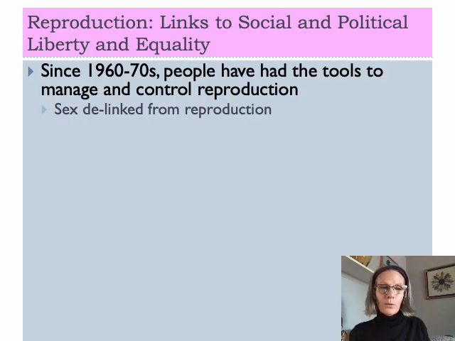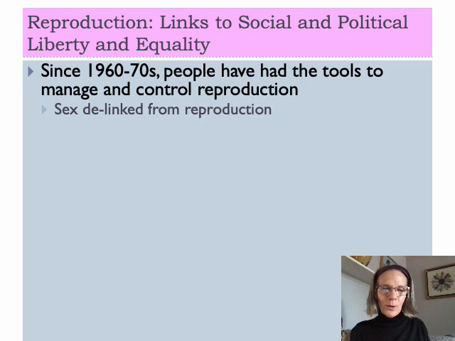As you're going to learn this week, since the 1960s and 70s until just recently with the overturning of Roe v. Wade, people have had the tools to manage and control their reproduction. In other words, people could have sex delinked from reproduction.